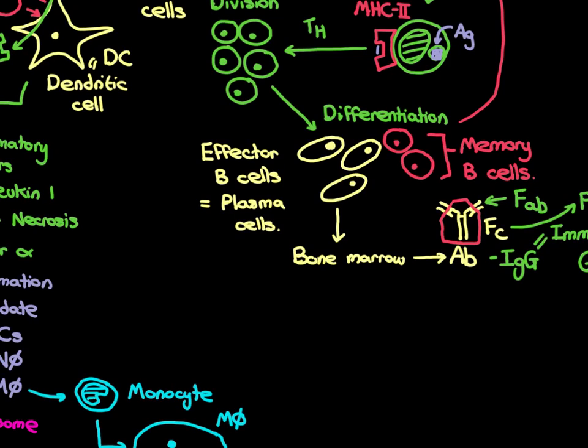So the point that we have got up to now is that we have successfully activated the autoreactive CD4 positive T cell clone and the autoreactive B cell clone. We now have loads of effector CD4 positive T cells directed against the peptide fragment that is present within our CNS myelin protein, and we also have a whole bunch of plasma cells that are directed against the epitope that is within the CNS myelin protein that are sat within the bone marrow, but which are chucking into the blood antibody molecules that are directed against that epitope of the CNS myelin protein.